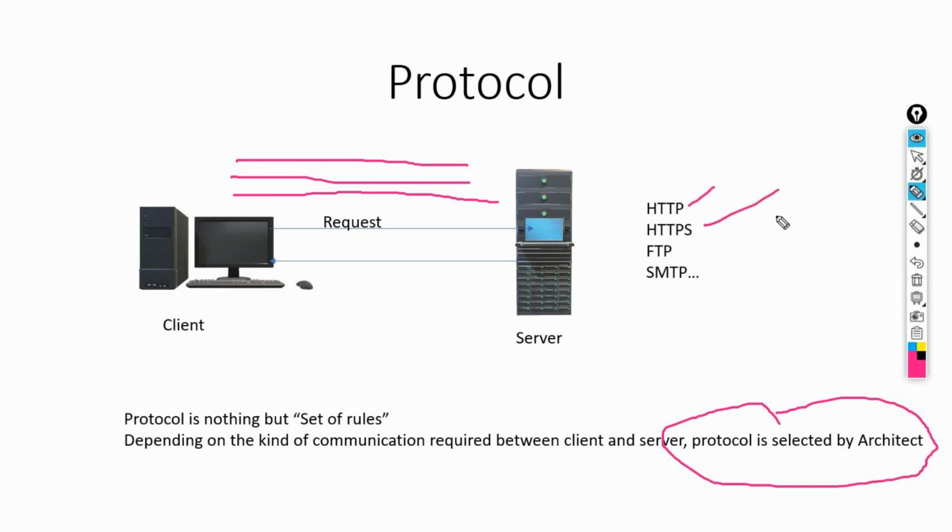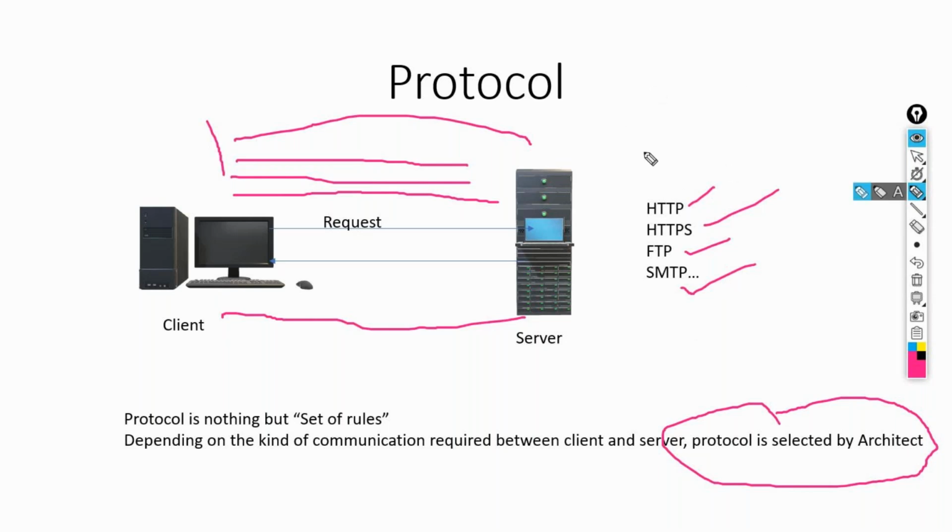If we are transferring files from this machine to that machine, we will use file transfer protocol. If the communication is about transferring emails, it's SMTP, simple mail transfer protocol.